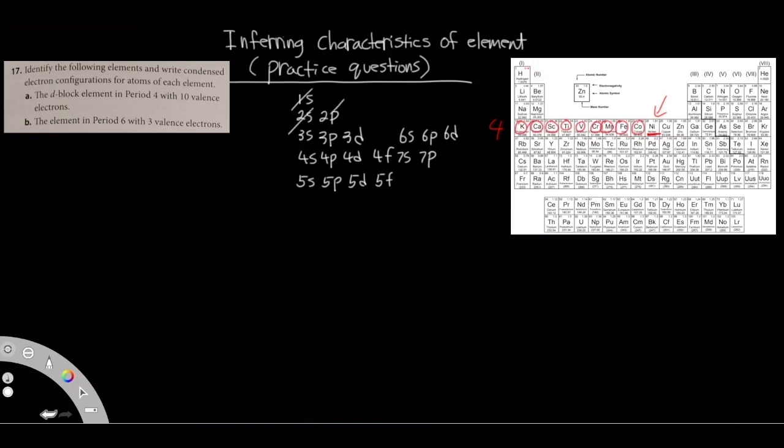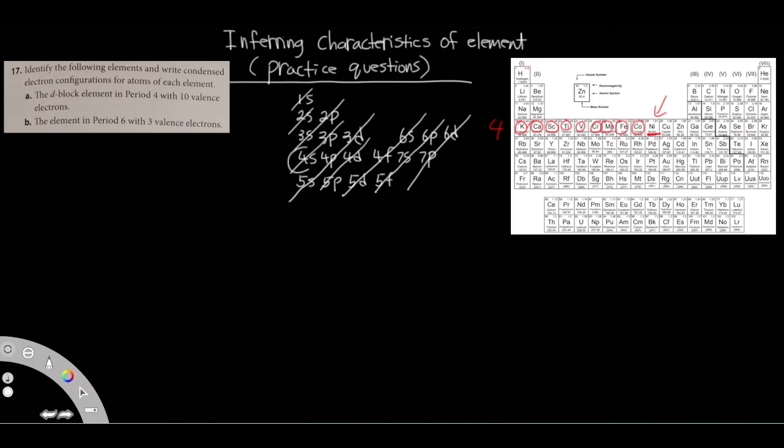So you can always just follow this Aufbau principle method, and it should be quite crystal clear as we increase the energy levels. So where do we first see 4? It's first popping up here, right?